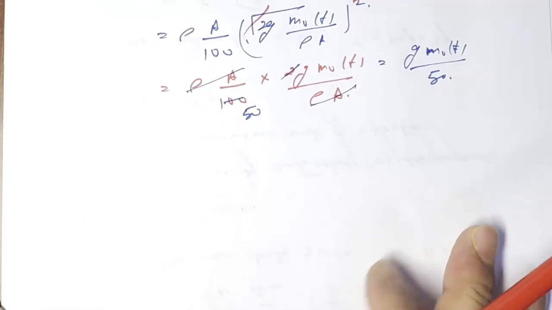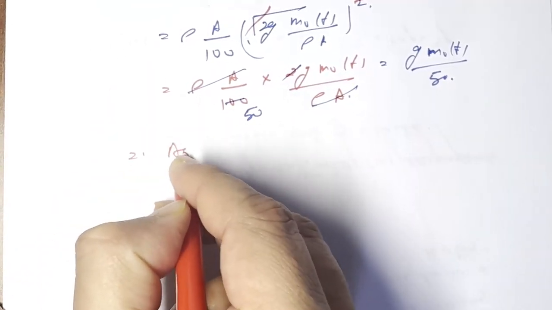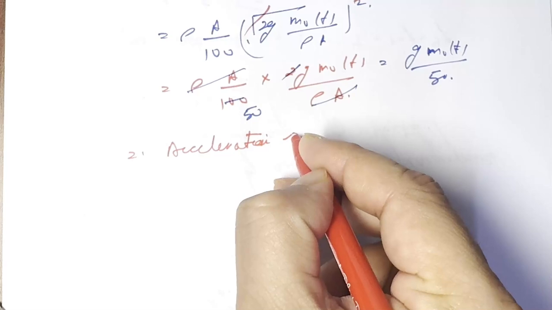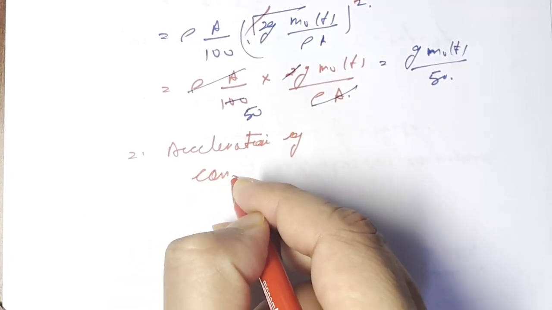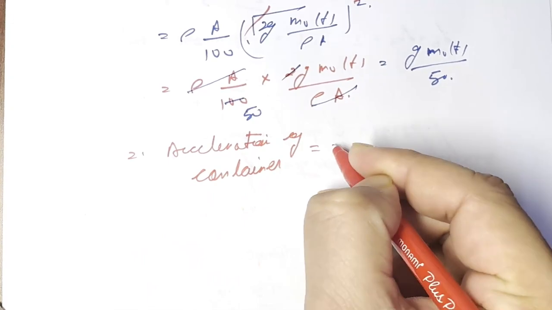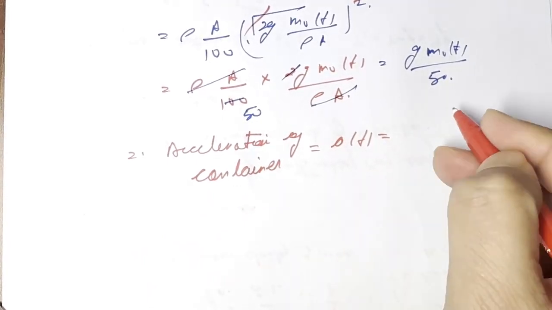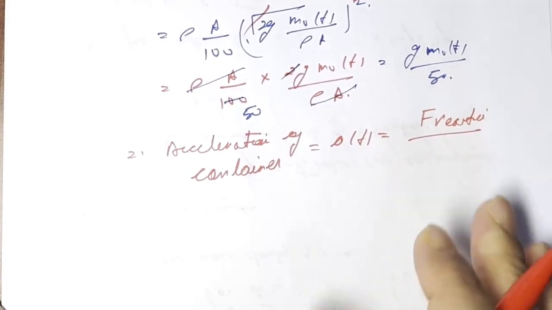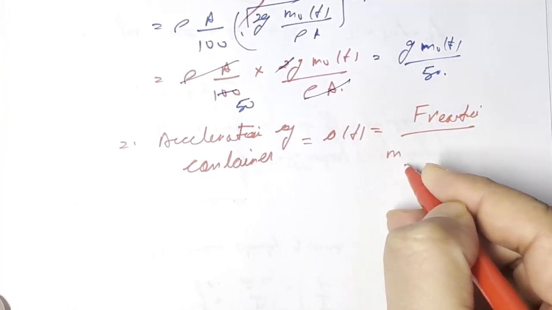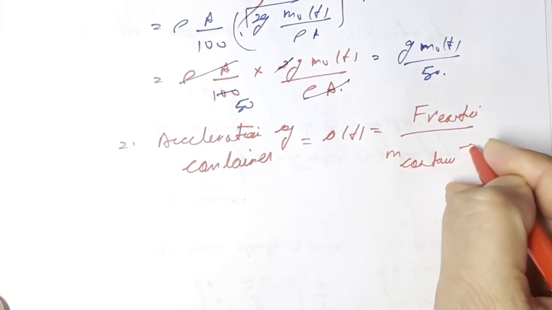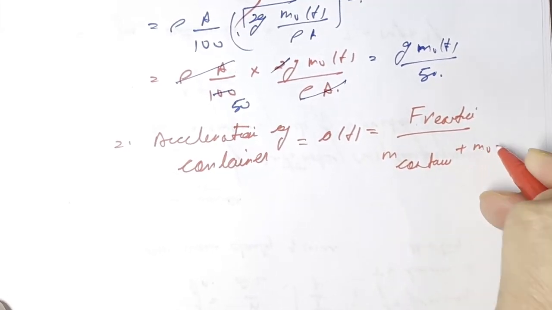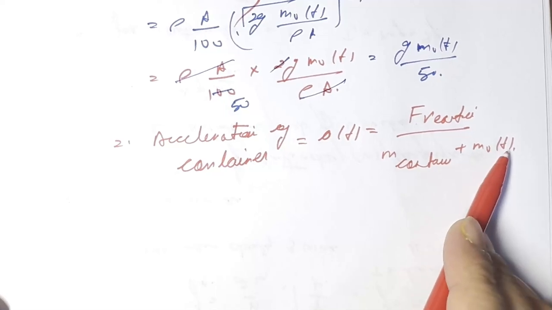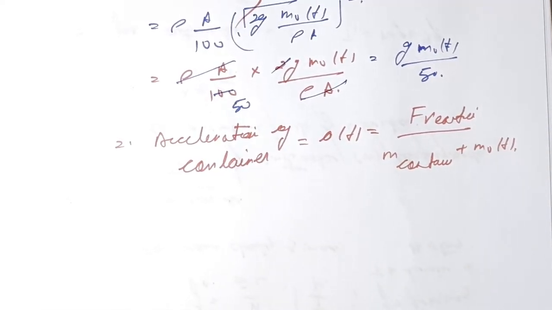Now we can easily find out the acceleration. So we can say acceleration of container, let us call that A of t, will be equal to reaction force F reaction divided by the mass of the container, because that will be fixed, plus m naught t, the mass of the water, which is time dependent because with time this is going to change.